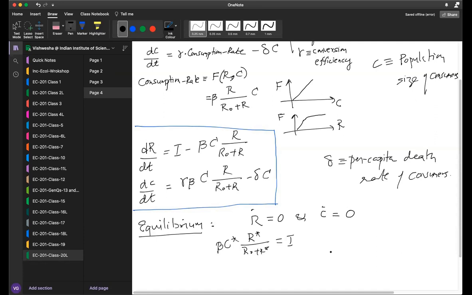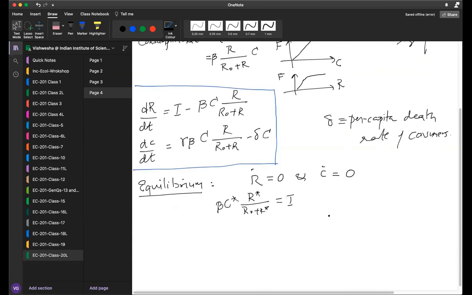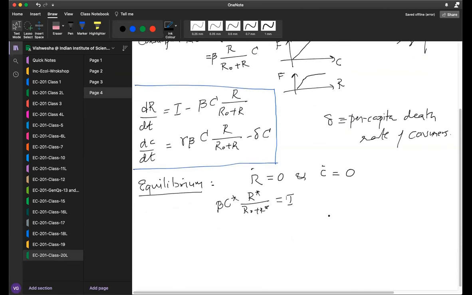If R star and C star are the equilibrium values, then they must satisfy this, which means the input rate of resources must be equal to the consumption rate by the consumers. I've just inverted the order, but that doesn't matter. The second thing is the entire right hand side of the second equation must be 0. When you write that, I can write that in the following way.